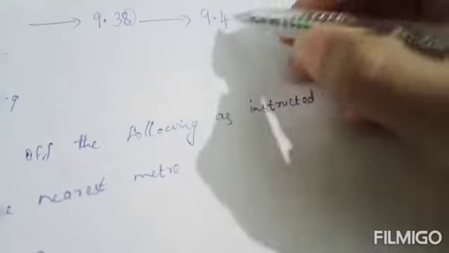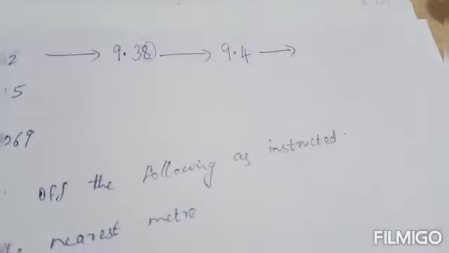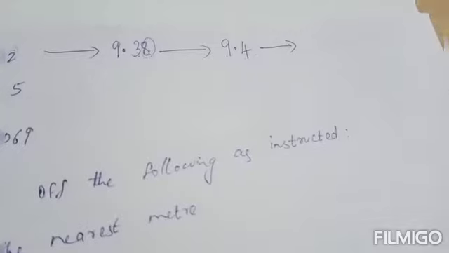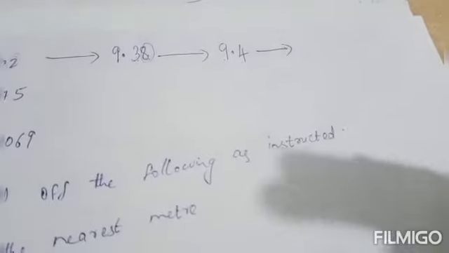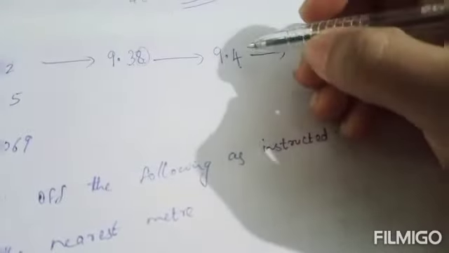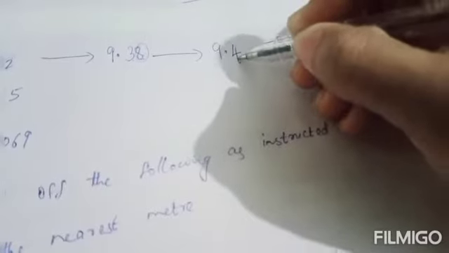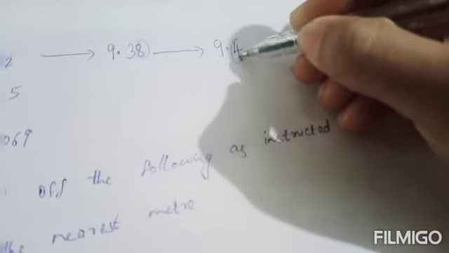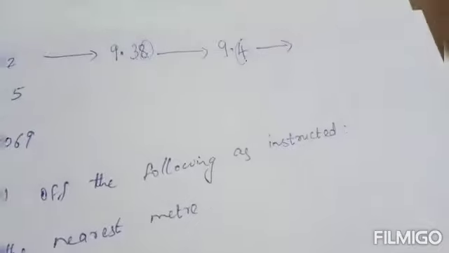Now this 9.4 you need to round off to nearest whole number. That means nearest whole number means to the nearest ones. So 9.4, here if you need to round off to nearest ones, see the digit at 10th place. Here it is 4 and 4 is less than 5.